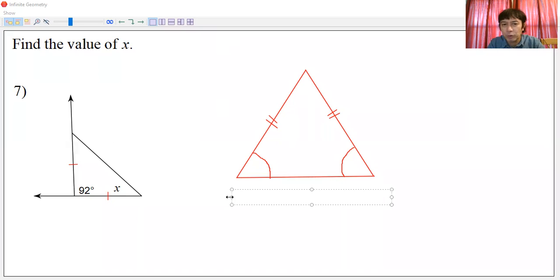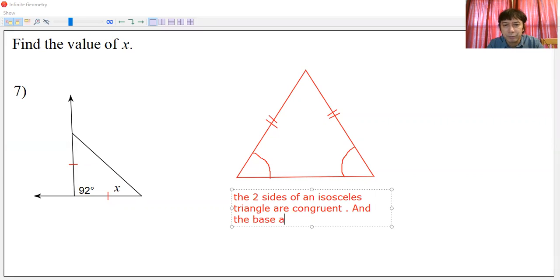So the two sides of an isosceles triangle are congruent. That means equal in measure, okay? The two sides of an isosceles triangle are congruent, okay?